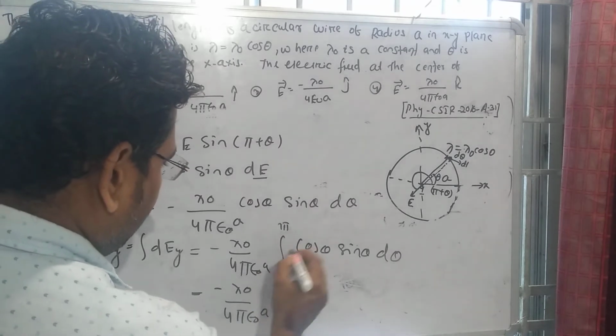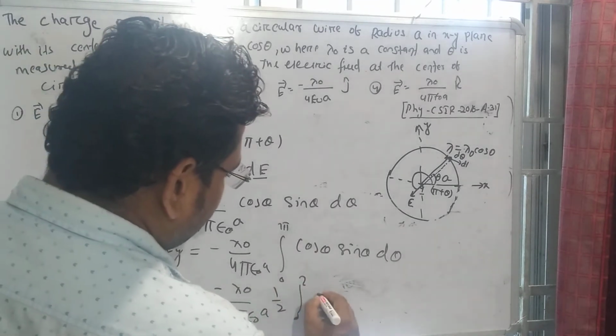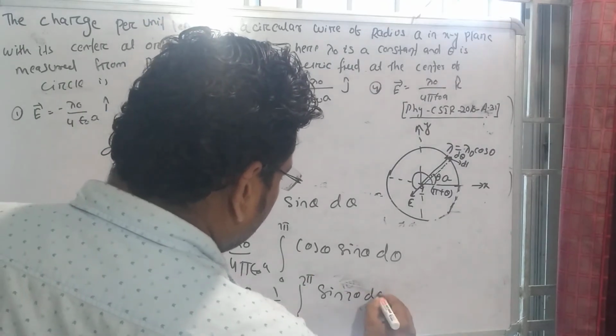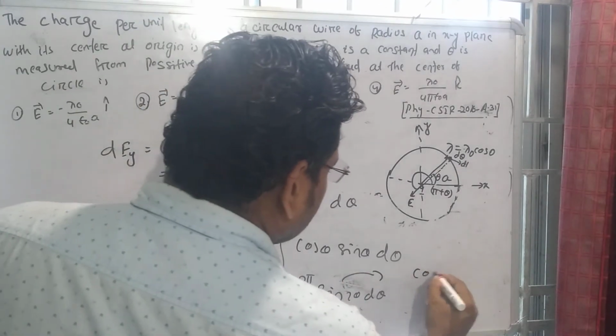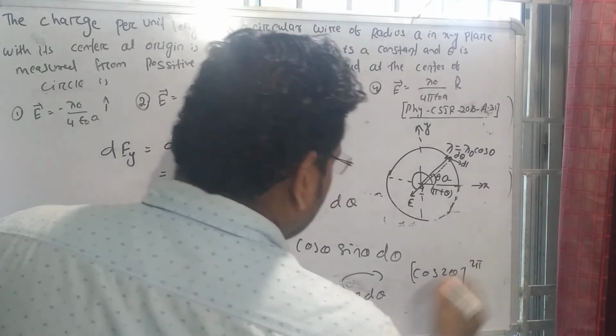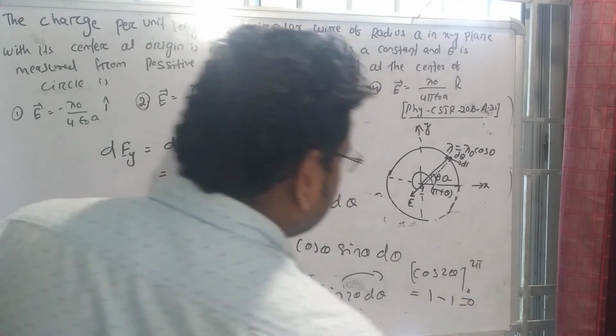If I divide by 2 and multiply by 2, it becomes sine 2 theta d theta, and this part is actually integration of cos 2 theta from 0 to 2 pi, and in this case it became 1 minus 1, so it became 0.